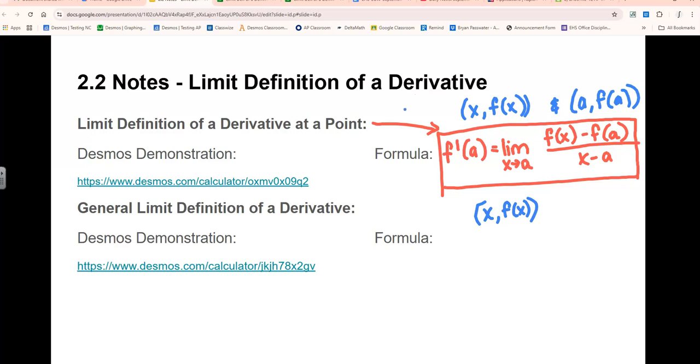Those are the 2 points that I used for the one that we learned yesterday. My points here are going to be x, f of x, and x plus h, f of x plus h.